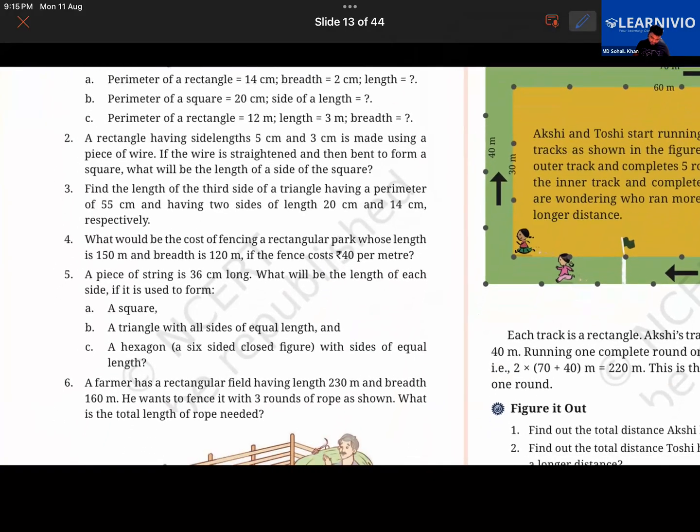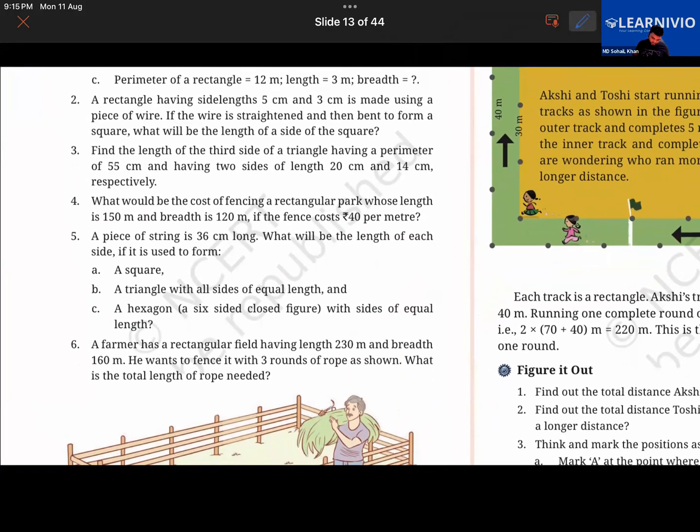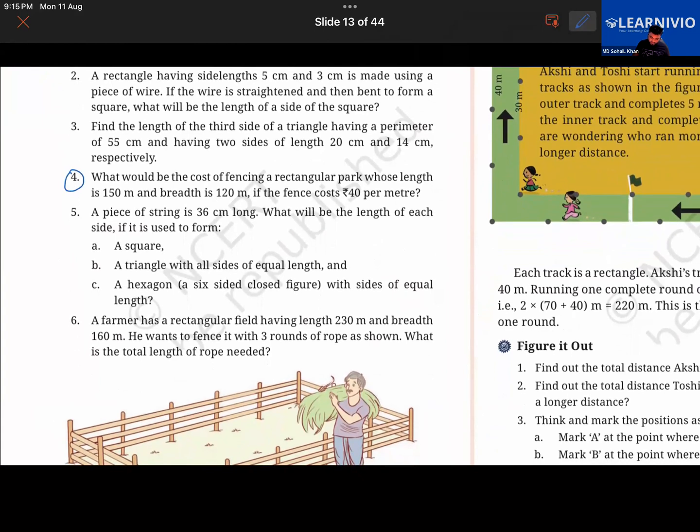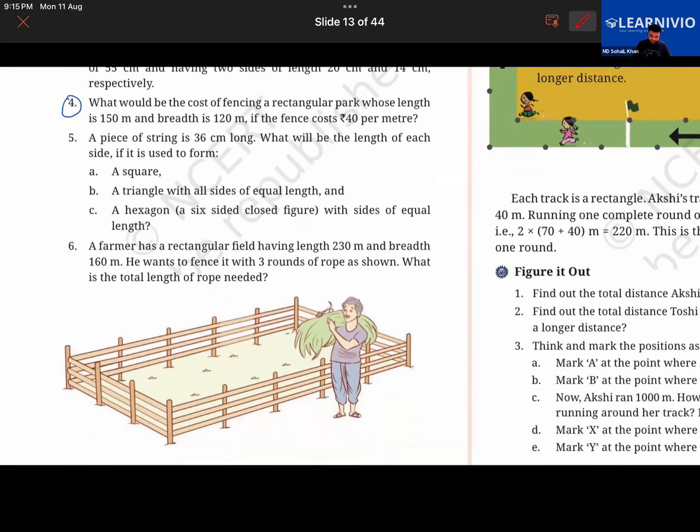Now look at this question here. Question number 4. Look at question number 4. The question here mentions: what would be the cost of fencing a rectangular park whose length is 150 meter and breadth is 120 meter? Let's suppose we are referring to this figure, although this is a different figure.